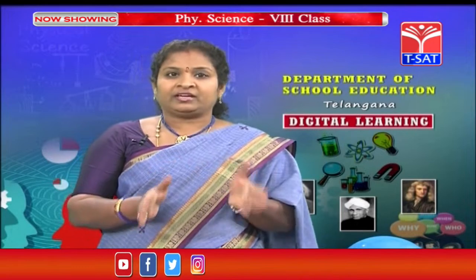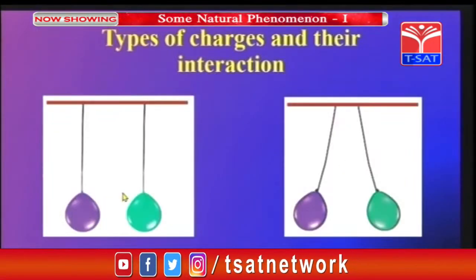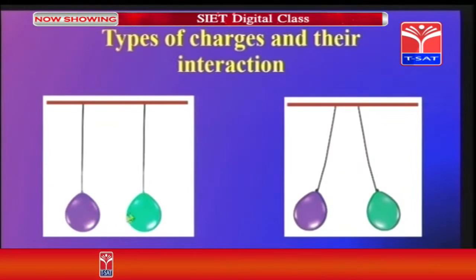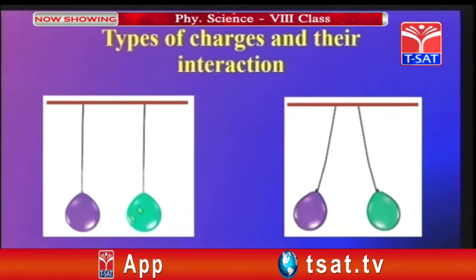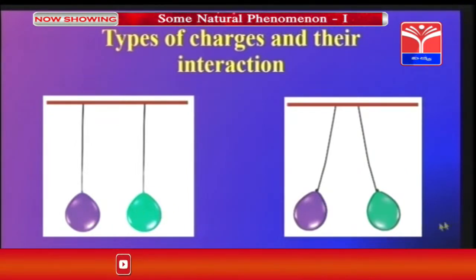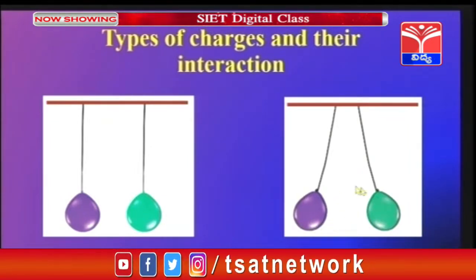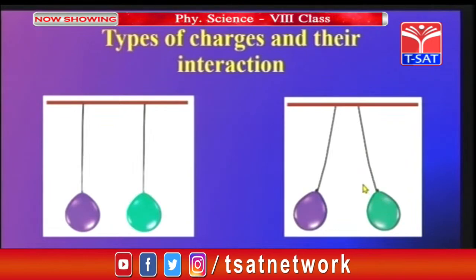So in the same way here also, why are these two balloons getting repelled? These two balloons did not come closer or move away from each other. But when they were charged, that means when they were rubbed with other bodies, they moved away. That means they repelled because they have attained some charges on them.